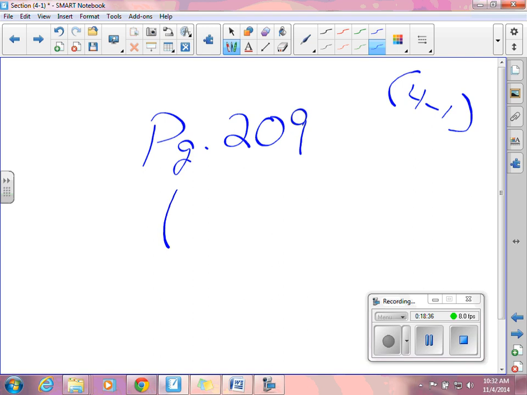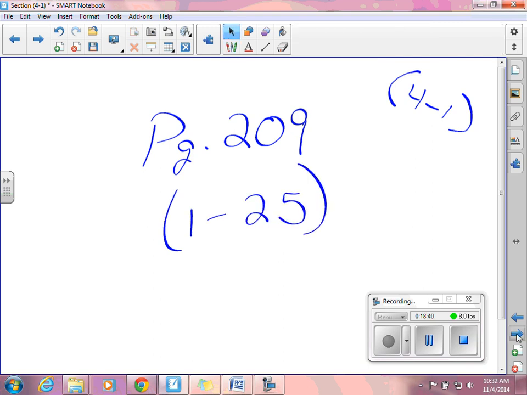Now, I'm going to give you some graph paper. If ever you need graph paper, at the back of my room in this little white bin, there's tons of graph paper, just tons. You can come to my room anytime, before school, after school, study hall, anytime. You are welcome to come to my room and get graph paper, all right?